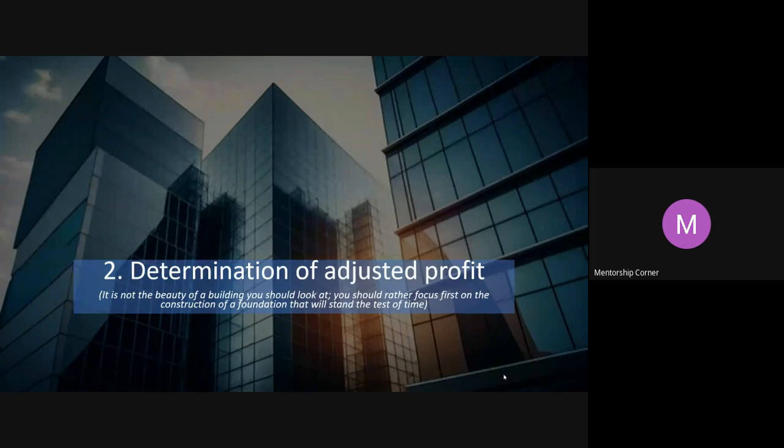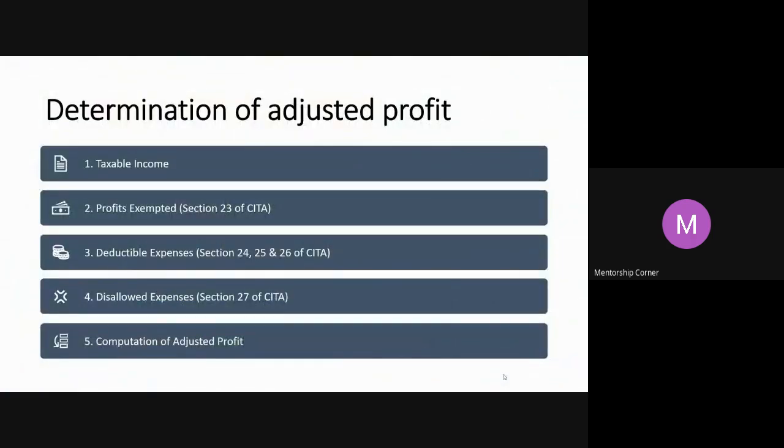So under the determination of adjusted profit, we'll be looking at the following. We'll be looking at taxable income. We'll be looking at profits exempted from tax. We'll be looking at deductible expenses.